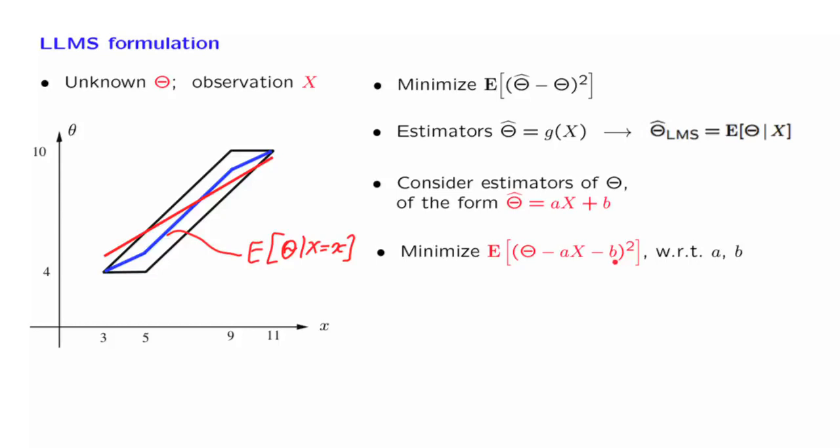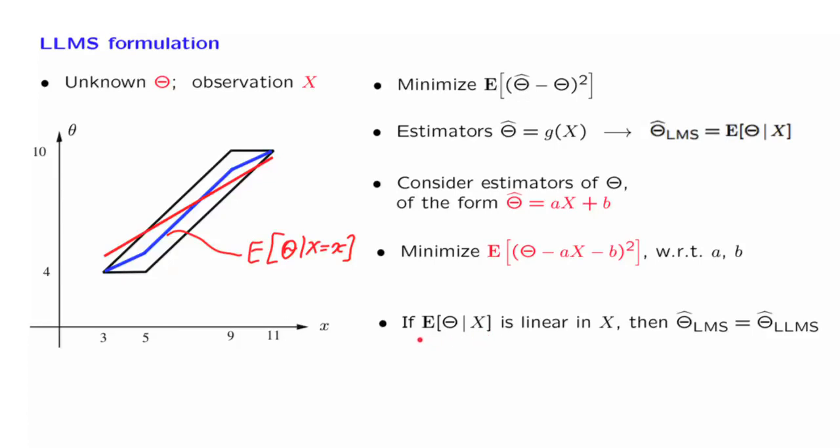Before going on to the solution, however, let me make one comment: in some cases the linear least squares estimation problem is relatively easy to solve, and these are the cases where the conditional expectation turns out to be linear in the data. This is the best possible estimator. If it happens to be linear, it's at least as good as any other linear estimator, so it's also going to be the optimal linear estimator.